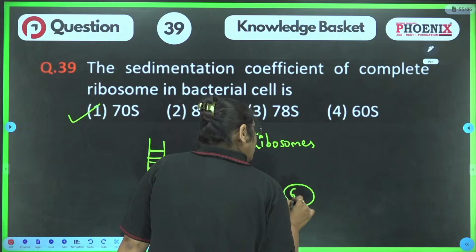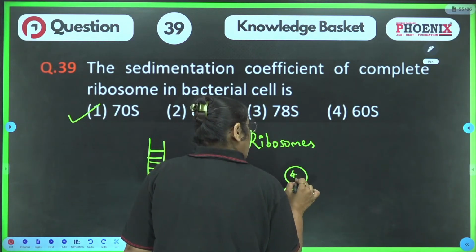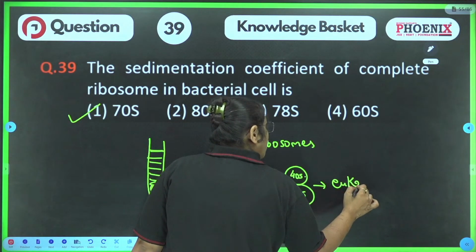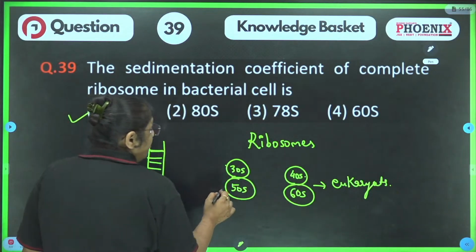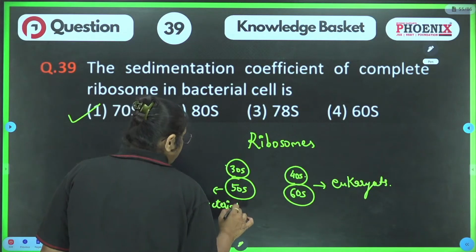Its bigger subunit is 60S and smaller subunit is 40S. So this is for eukaryotes, and the other we can say about the bacterial cell or prokaryotes.